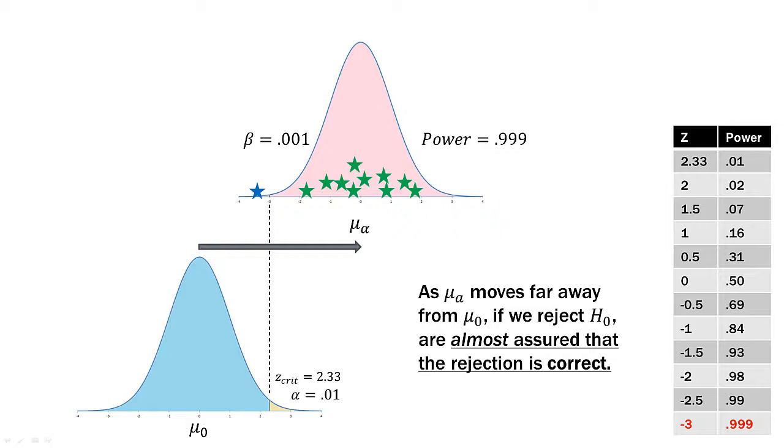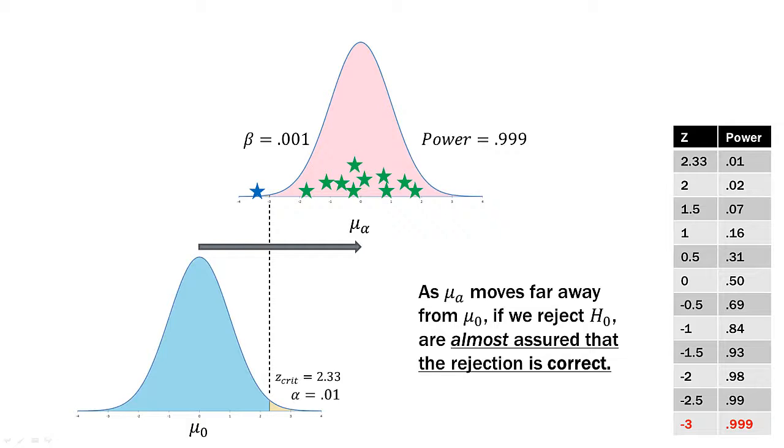But maybe 1 out of every 1,000 sample means, we would get a mean where the blue star is. Now, of course, in that case, we would fail to reject the null hypothesis because it overlaps with the blue area. Now, of course, that would be incorrect. It's just sort of the oddball sample mean on this top distribution that happens to be way over to the left.